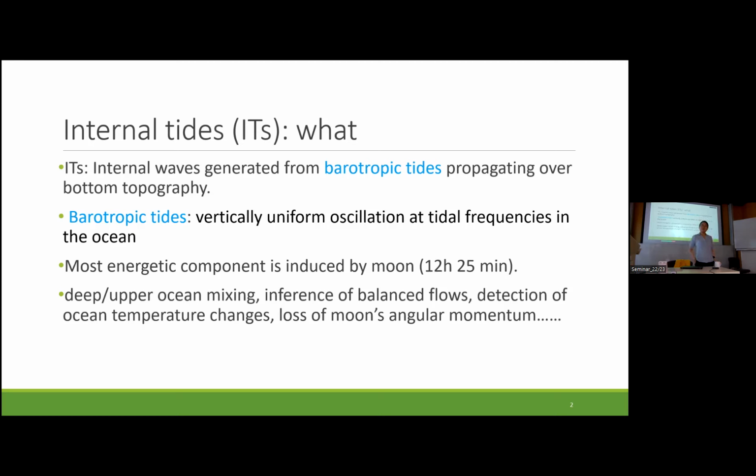And they are also important for the detection of ocean temperature changes, which is in the field of oceanic tomography, where people try to detect the changes in the background stratification by detecting how the group speed of the internal waves is changing.